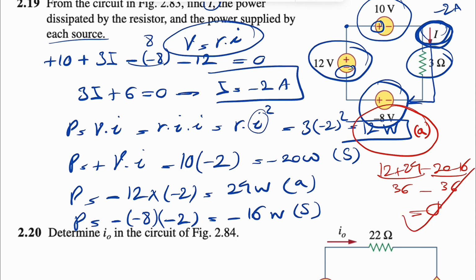I had a look at the answers at the end of the textbook, and for the numbers, we have this one negative 24 and this one positive 20. I believe the correct answer here is what we have in here. Also, I just had a look, the 8 volt is also positive. Just let me know what you guys think.